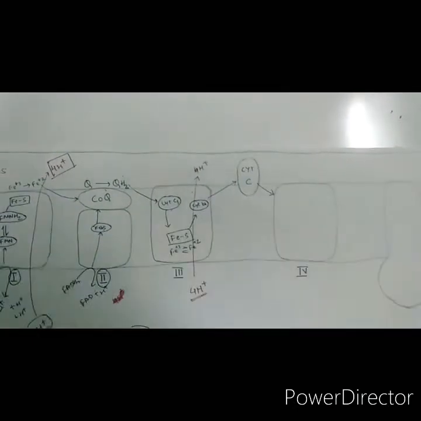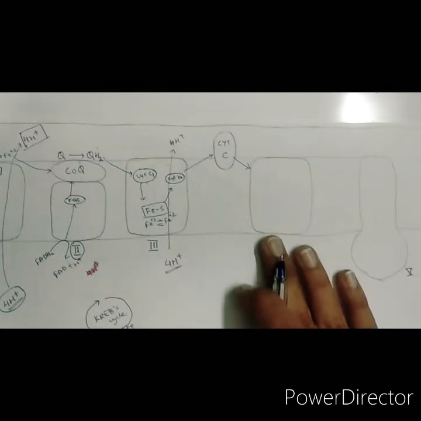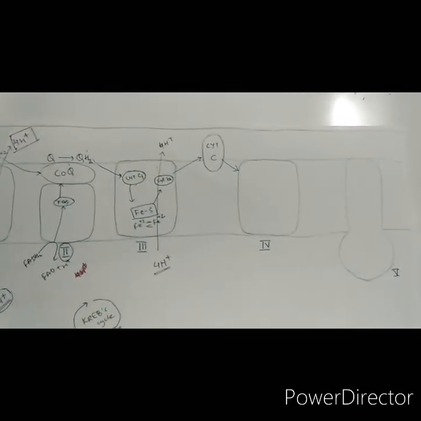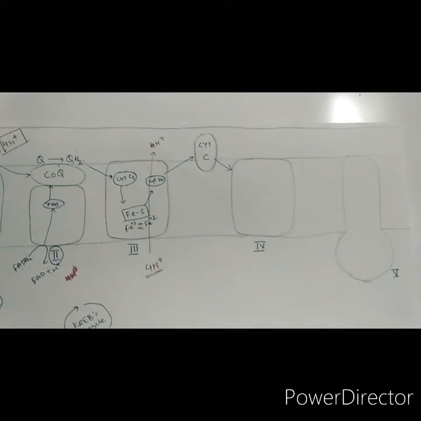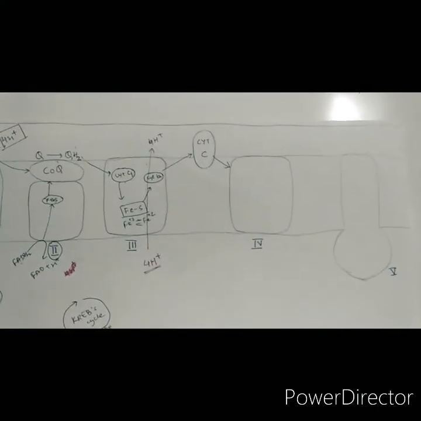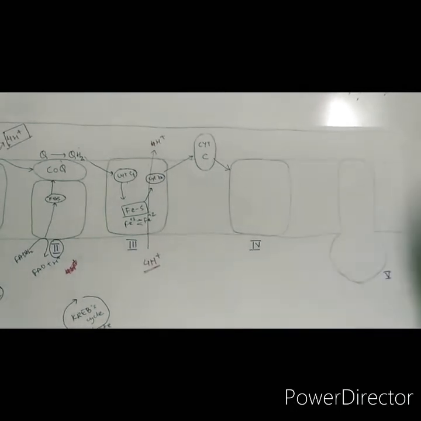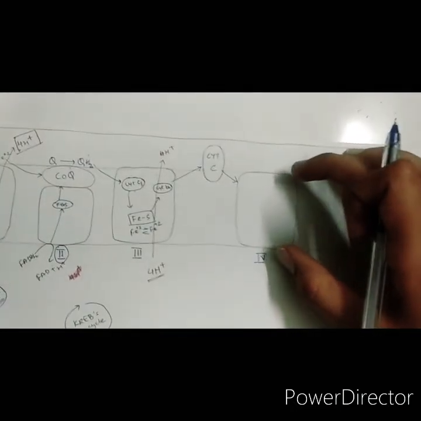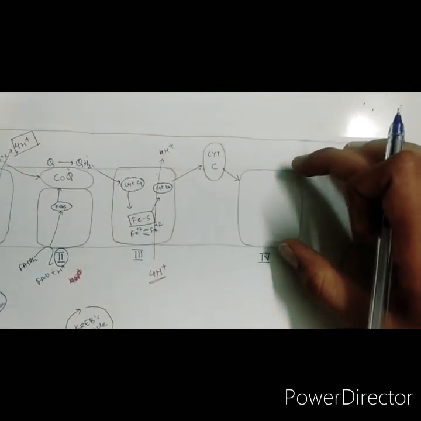Complex 4 is known as cytochrome oxidase. This cytochrome oxidase consists of 4 different components: cytochrome A, cytochrome A3, iron sulfur proteins and copper ions. These are very important for the transfer of electrons in the fourth complex.